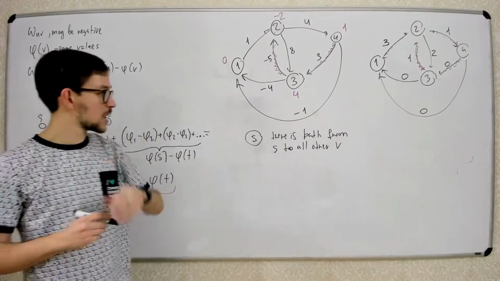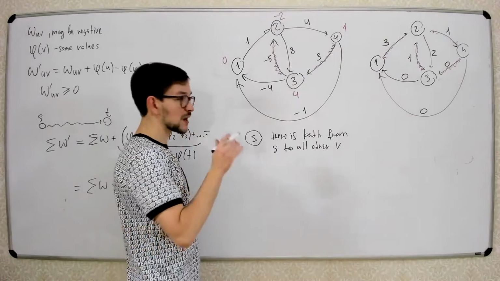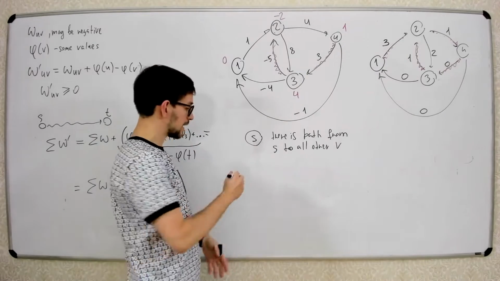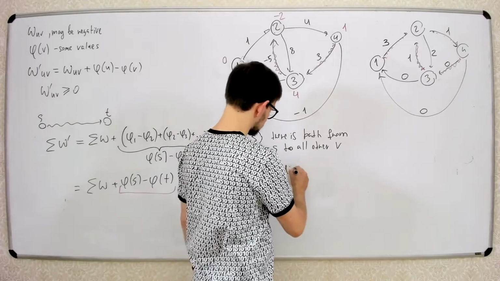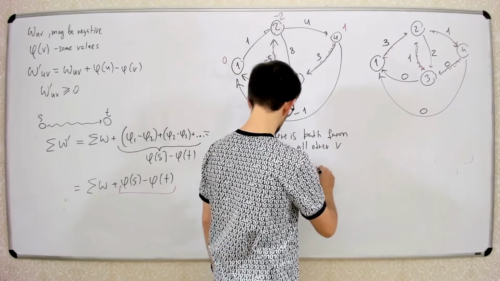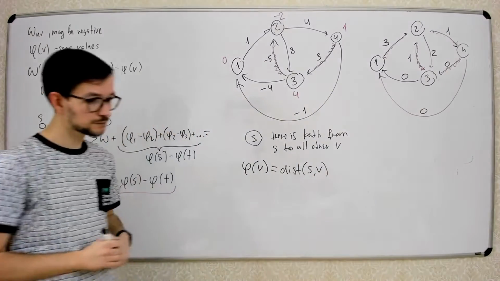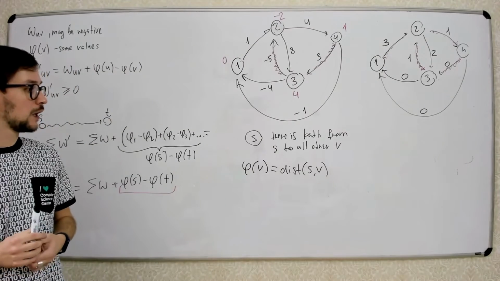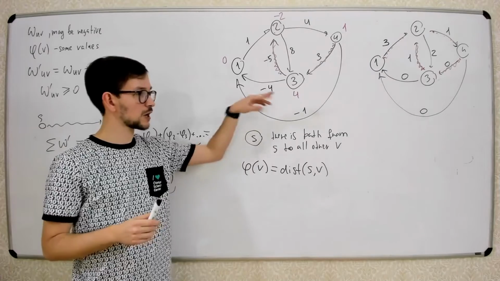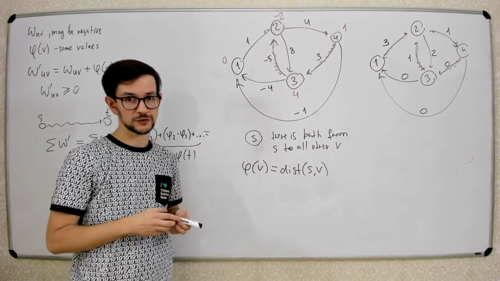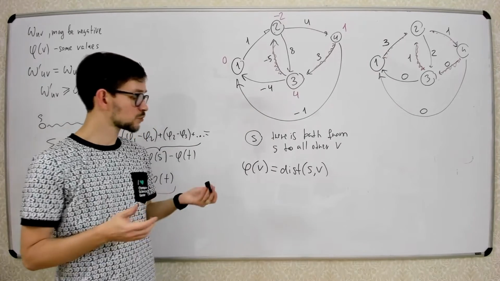Then we can run the Bellman-Ford algorithm and assign the value phi of v as the distance from S to V. And I claim that if you apply these potentials to your graph, you will have non-negative weights in the modified graph. Now let's prove this.